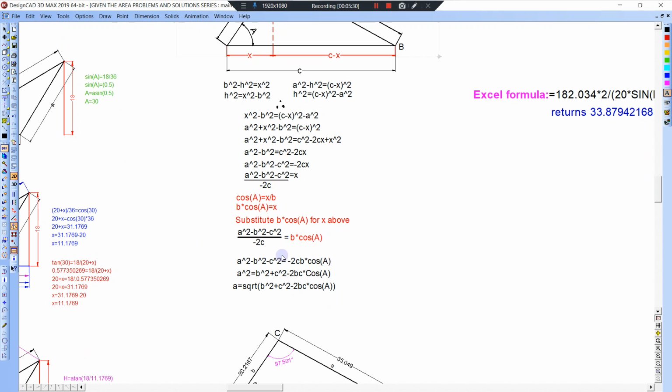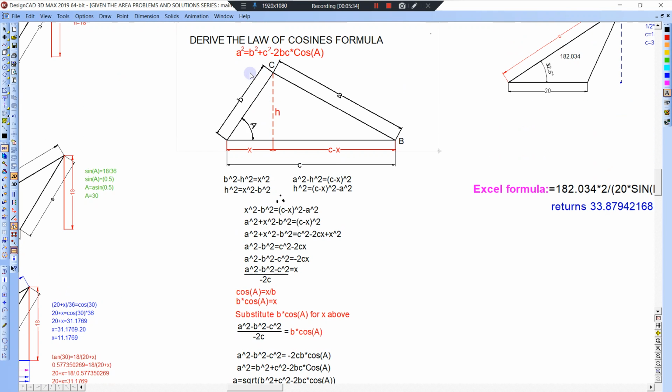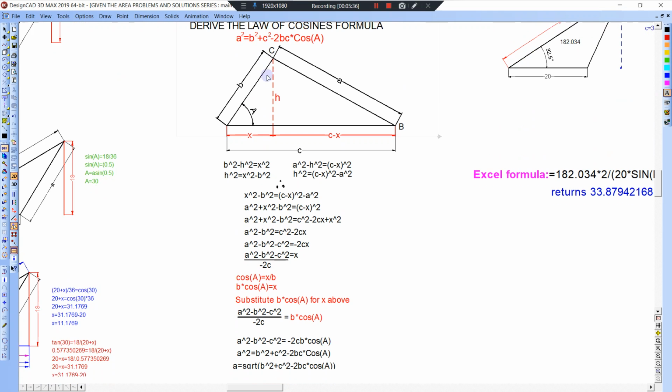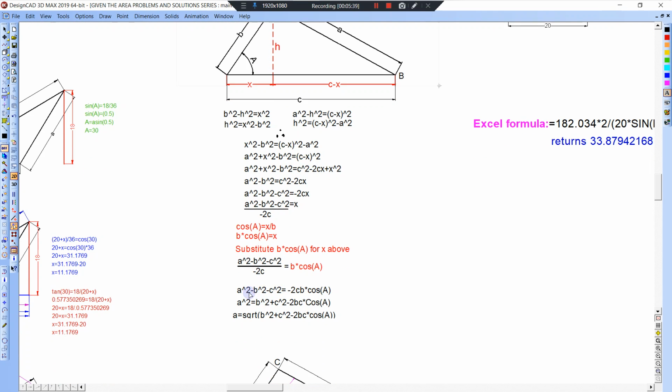And we're almost through. So now what we want to do is get a formula like this that we recognize. This is the one I like. This one I've memorized. And sometimes I forget, so it helps to be able to come back to this. We end up with a squared. So all of this, right? We multiply both sides by negative 2c. We end up with negative 2c times b times cosine of a, right?